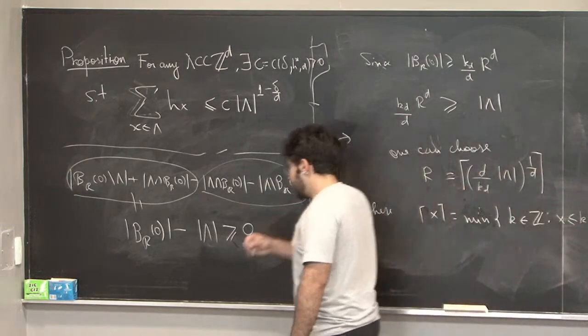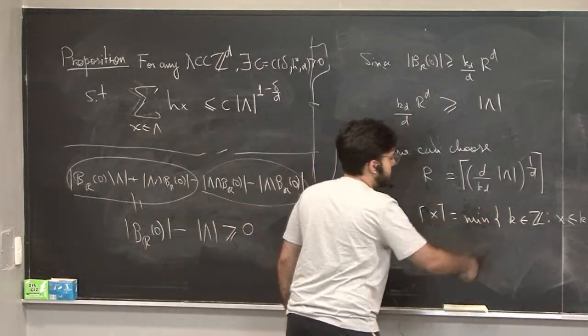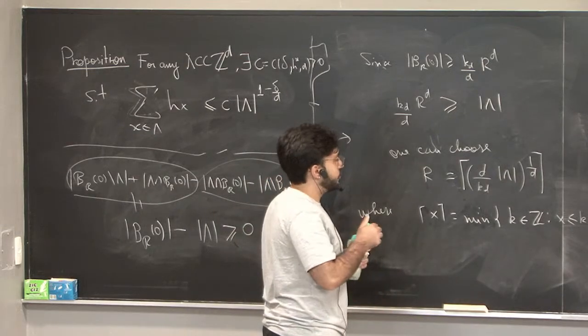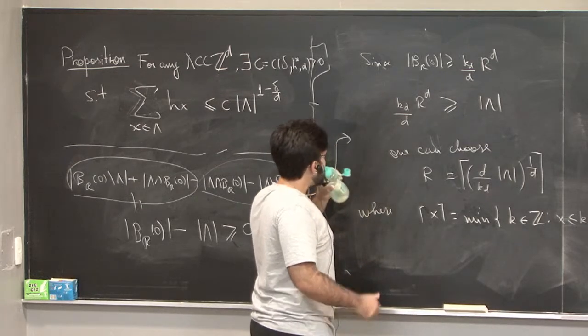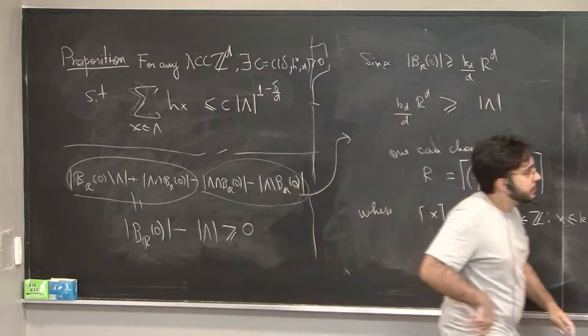So it's the least integer that upper bounds the number x. So this is sufficient to choose to have that thing to be positive.